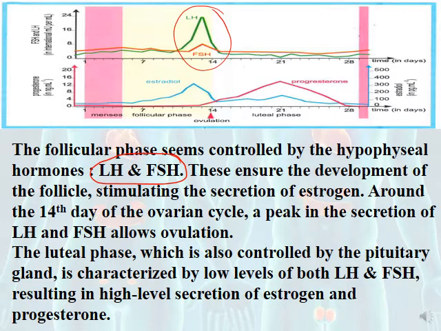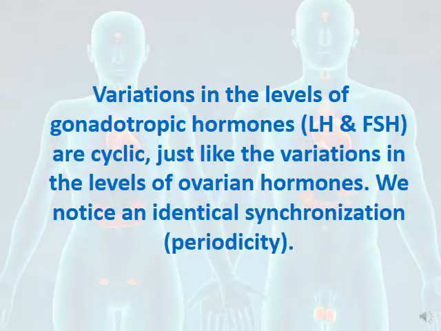The luteal phase, which is also controlled by the pituitary gland hormones, is characterized by low levels of LH and FSH, which result in high levels of estrogen and progesterone. So the variations in the levels of LH and FSH are cyclic, like the variation in the levels of the ovarian hormones. So we noted that we have identical synchronization or periodicity. They are periodic, or they are synchronized.